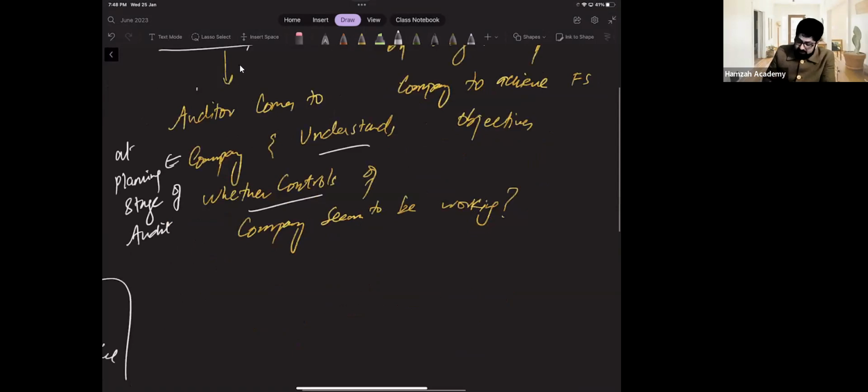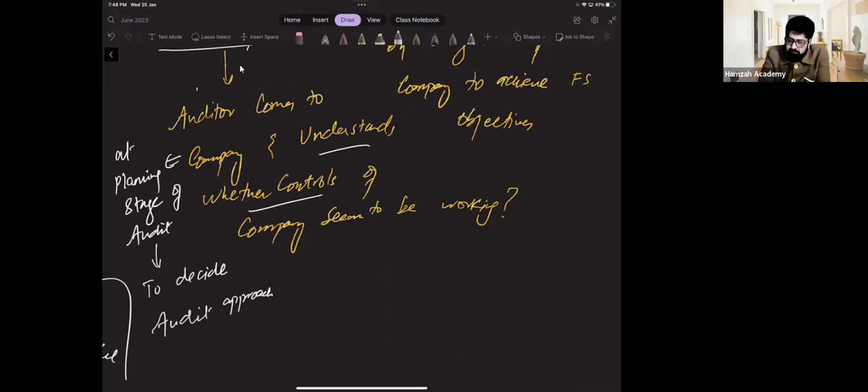Now, on the basis of it, the auditor decides the audit approach, that is, how to audit. What will be the long-term direction of the audit?